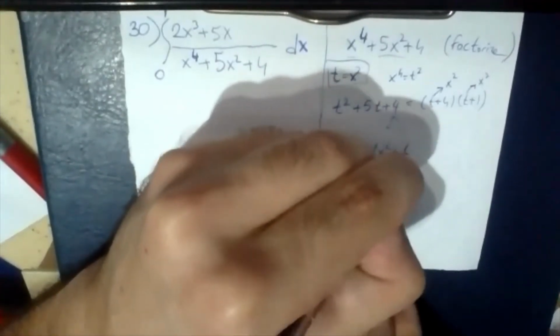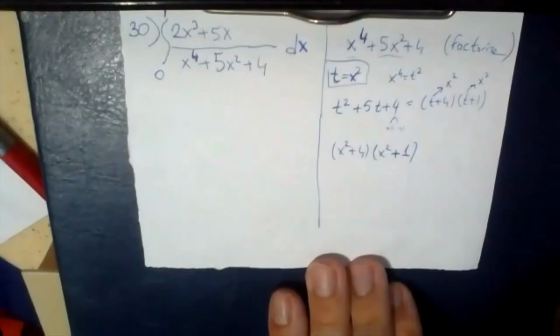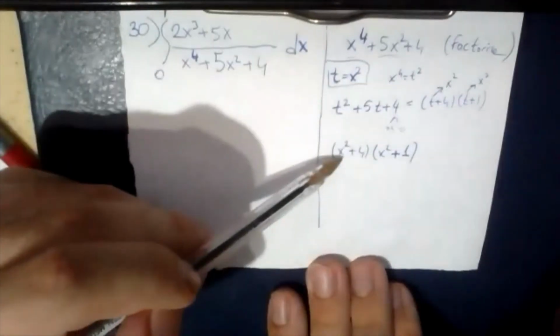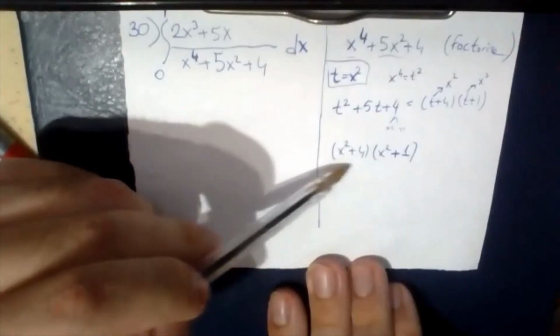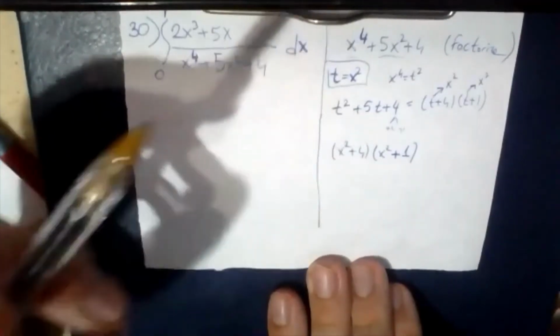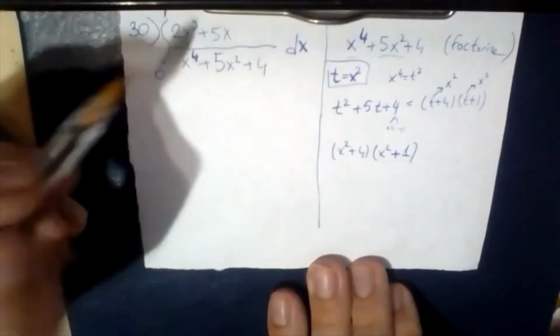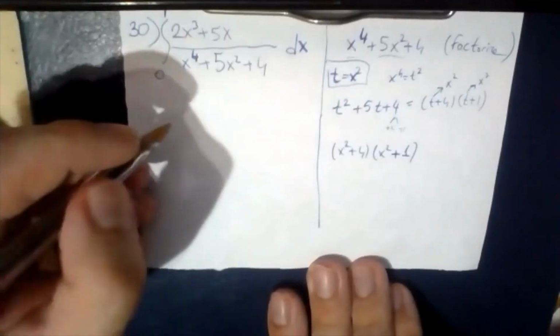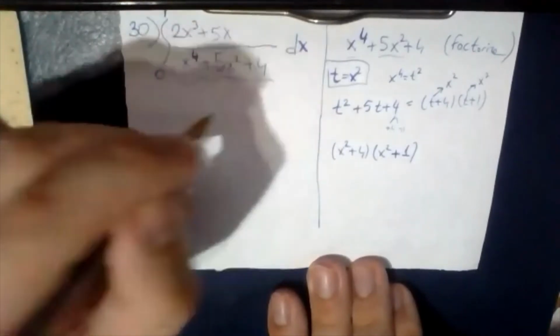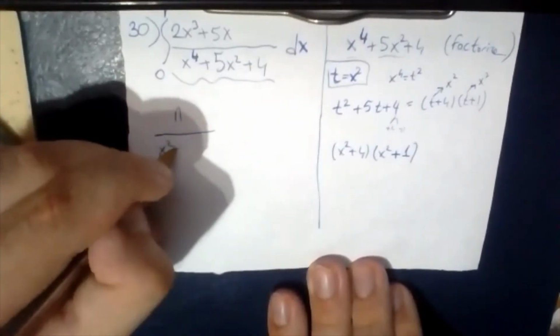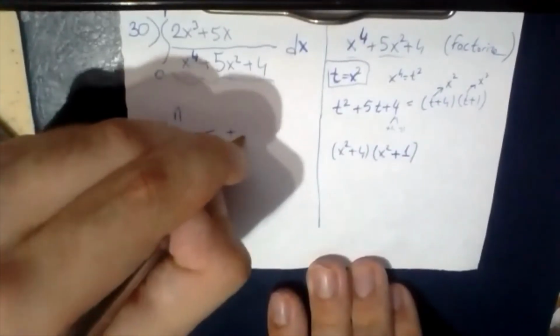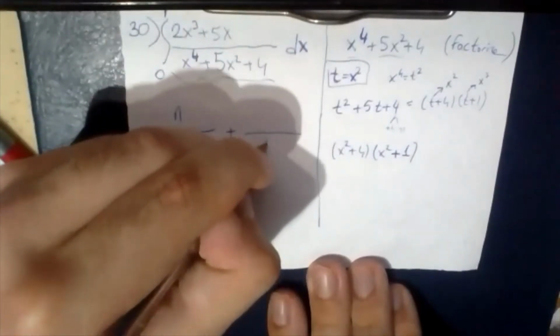And like in the previous question, by checking their discriminants, we can see that they are irreducible polynomials. We cannot factorize them anymore. So we try to write this in that form: something over x squared plus 4 plus something over x squared plus 1.